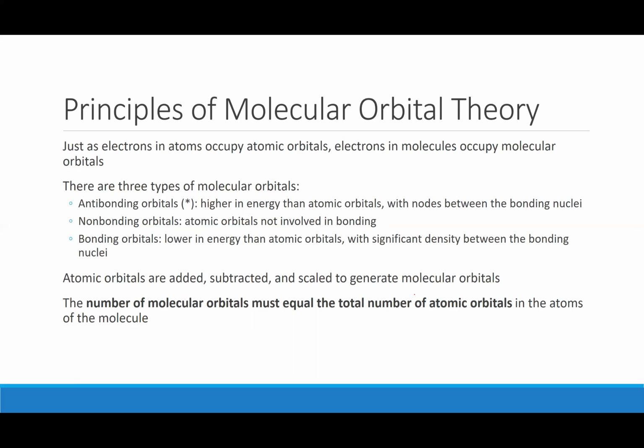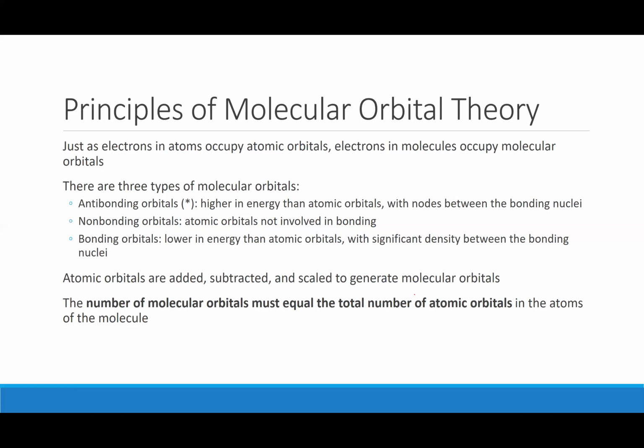Some things we know about molecular orbitals is they can be talked about as three different types of orbitals. We have an anti-bonding orbital area, which is a higher energy area, higher energy than the original atomic orbital. Then non-bonding orbitals, these are atomic orbitals that are not involved in bonding.